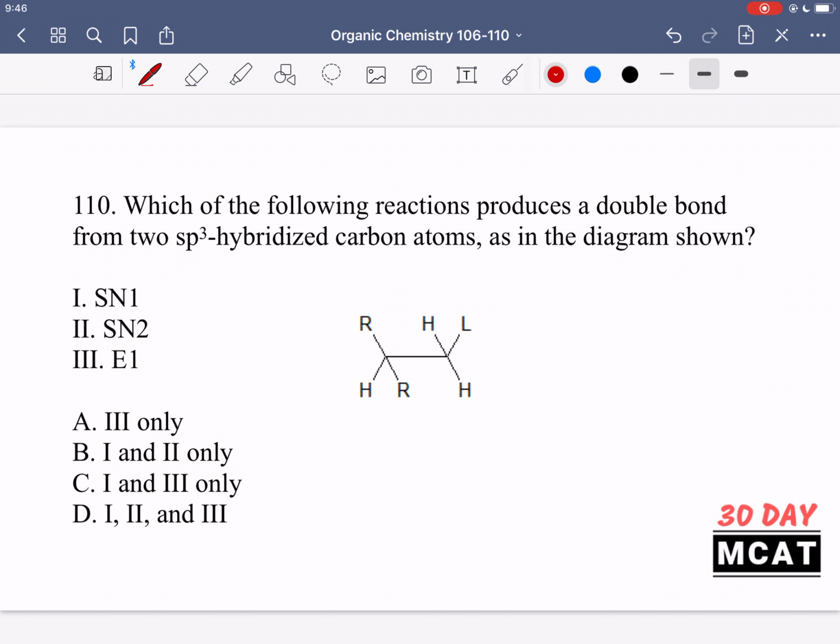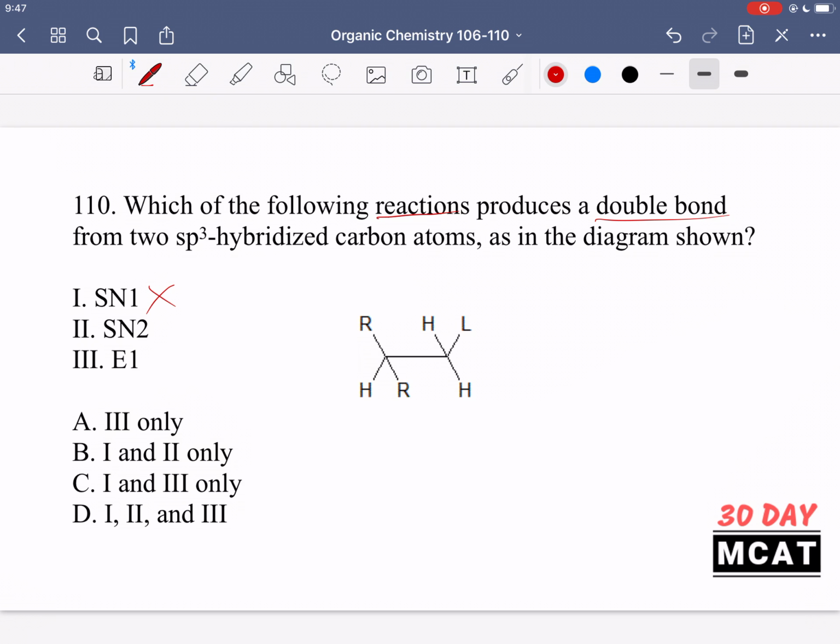In question 110, we're asked which of the following reactions produces a double bond from two sp3 hybridized carbon atoms as shown in the diagram below. So we want a reaction which produces a double bond. An SN1, you should know, would not.